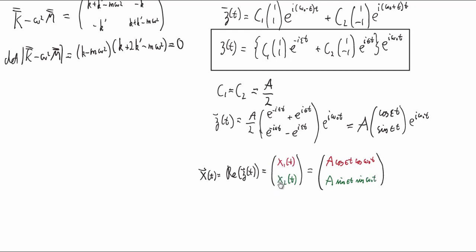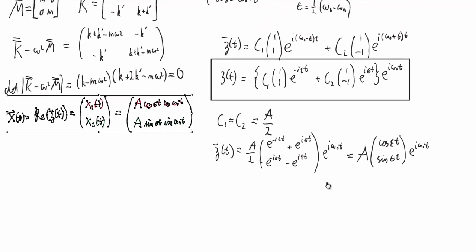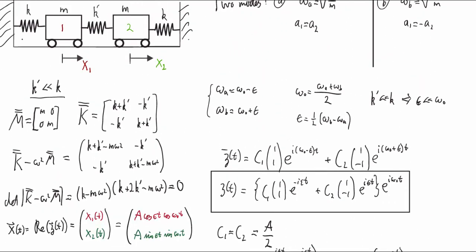So the first mode, or the first cart, is moving as a cosine epsilon t times cosine omega naught t, and the second one is moving as a sine epsilon t times sine omega naught t. So for comparison, let's bring this up here so that we can see it simultaneously with the figure. So that's the solution that describes how these guys move.